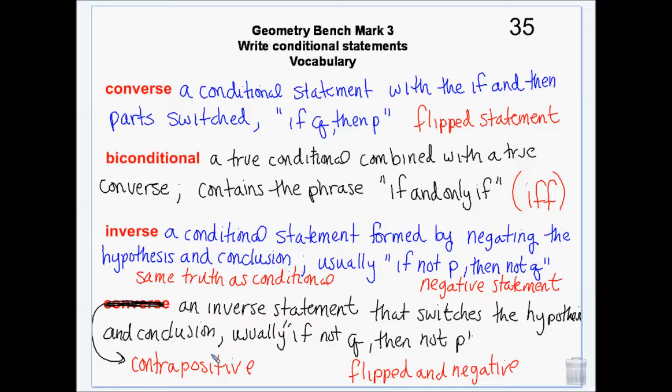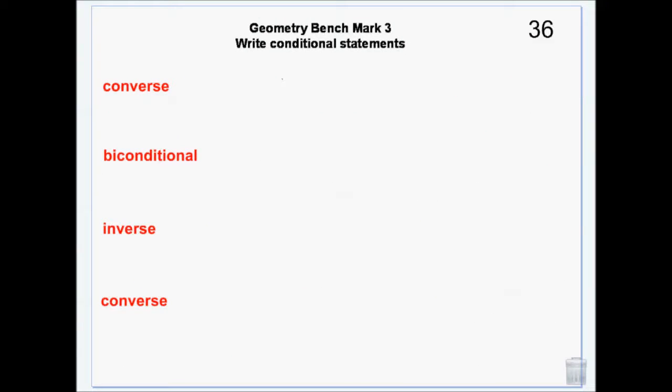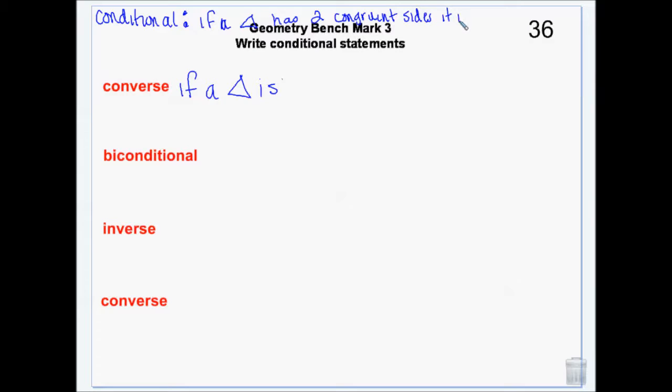So I have an example for you. Our conditional statement was, if a triangle has two congruent sides, then it is isosceles.